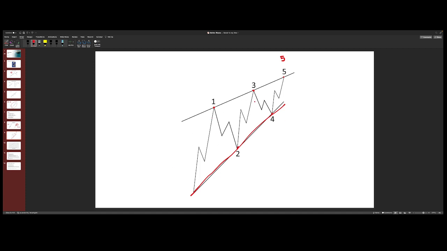Also, you note the length of the waves. Wave 4 is always shorter than wave 2. Always. And wave 5 is always shorter than wave 3.